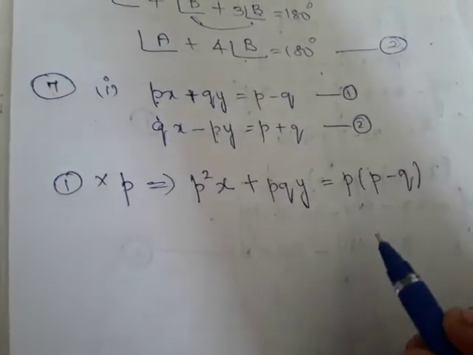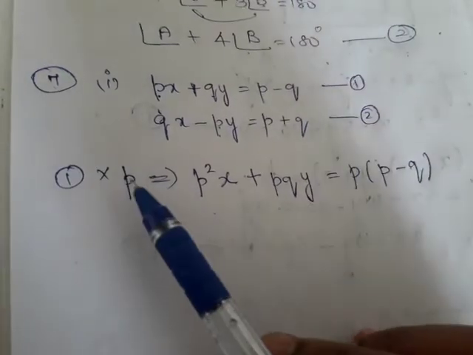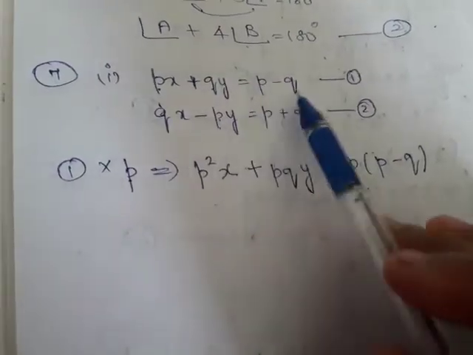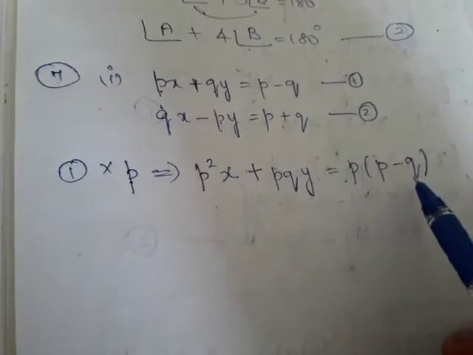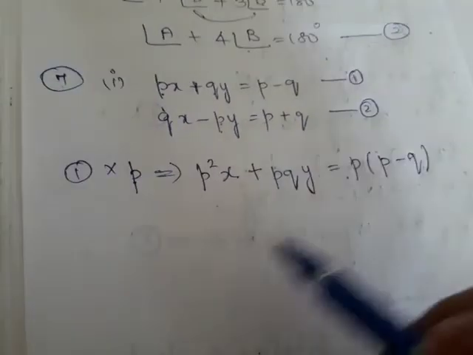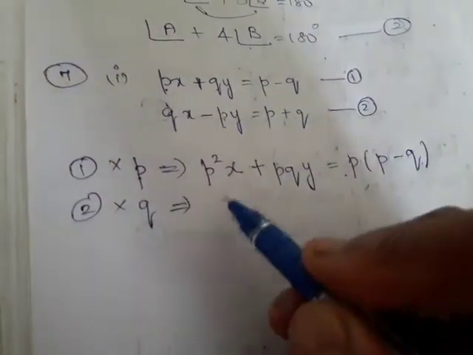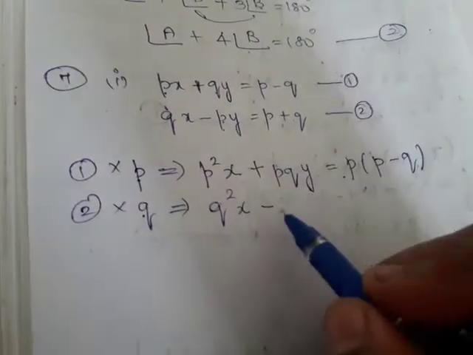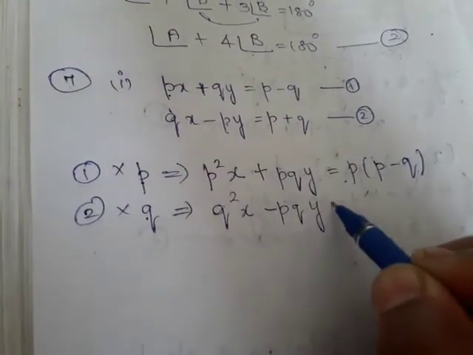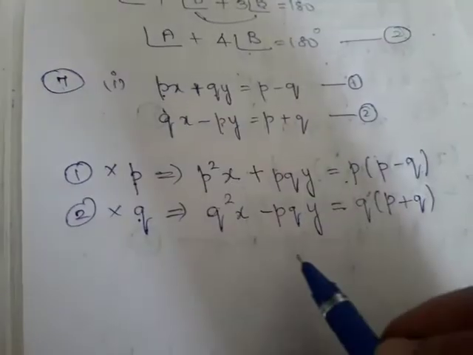You have to be very careful with all these sorts of calculations. I am multiplying p with the constant entirely. So p into p minus q, you have to put brackets, right? Next equation I am going to multiply it by q. So this will become q square x minus q into p, pqy, which is equal to q into p plus q, right?